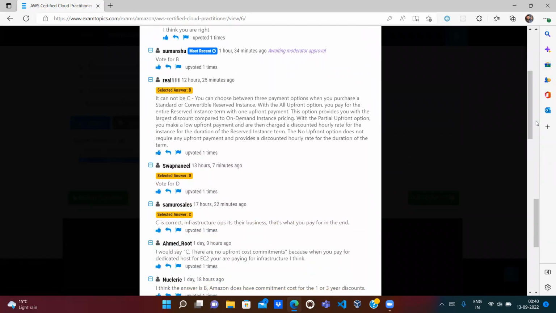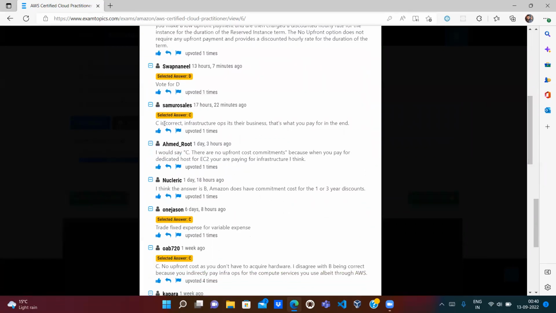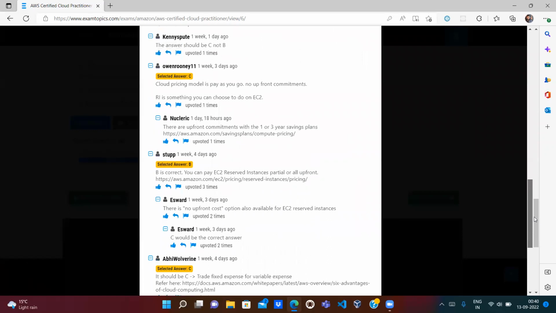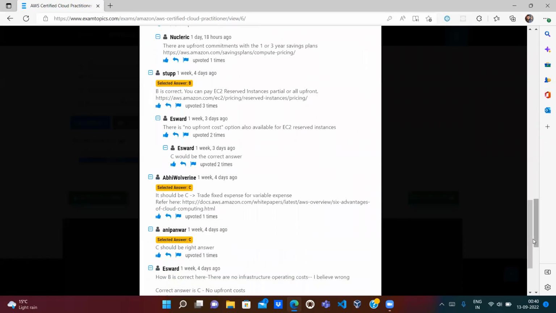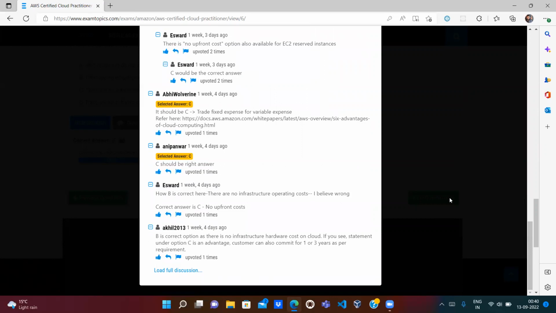It cannot be C. They said C is correct, but there is only one upvote, so it doesn't look correct. Others also said C, with only one upvote. The people who said C are not getting votes, but those who said B are getting so many votes. So B looks correct.